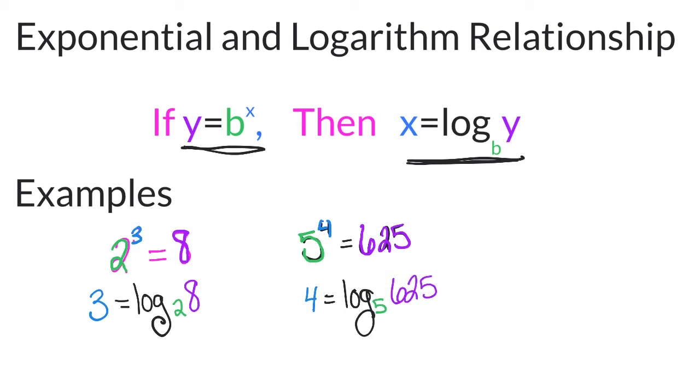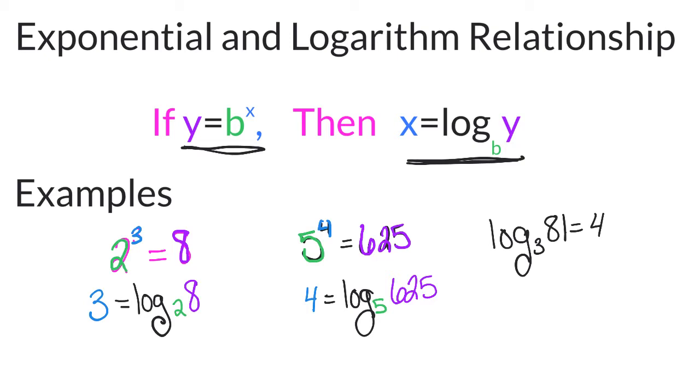Now let's take a look at one that is written in logarithmic form and change it into an exponential function. So let's write log base 3 of 81 equals 4.